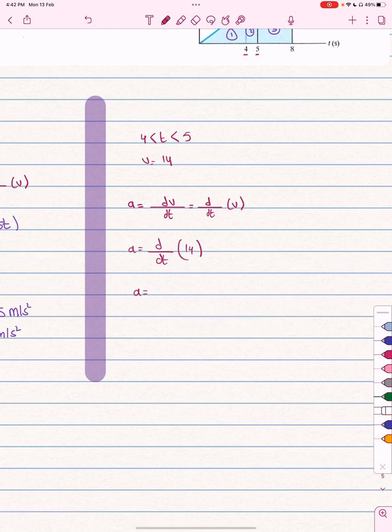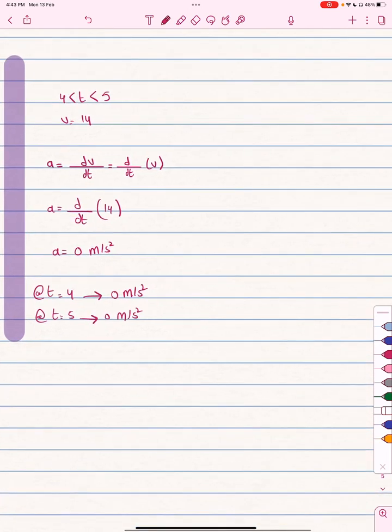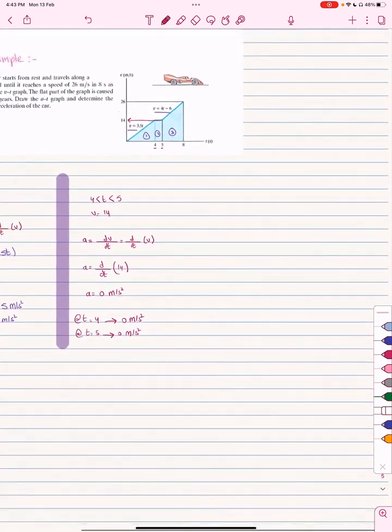A equals 0 meter per second square. At time equals 4, it will be 0 meter per second square. At time equals 5, it will be the same, 0 meter per second square.